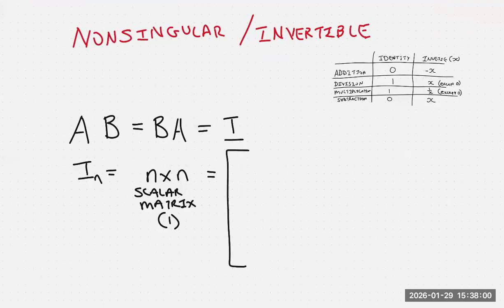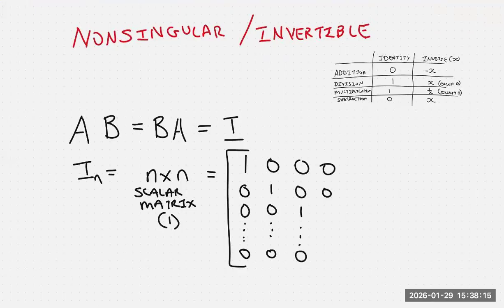We're going to have 1, 0, 0, right down to the nth 0, then 0, 1, 0, and so on, across to 1.